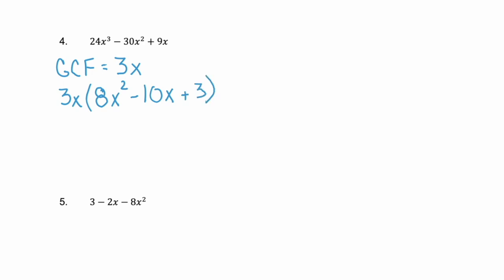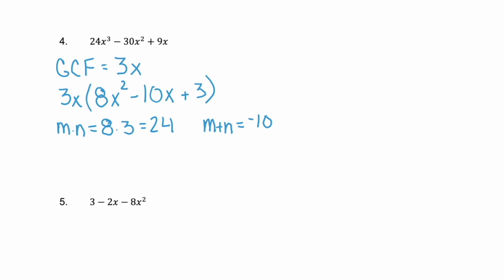Now that trinomial looks a lot more like what we're used to. So let's find our two values of m times n that multiply to a times c, 8 times 3 here, or 24. And at the same time, m plus n needs to equal our b term, or negative 10.